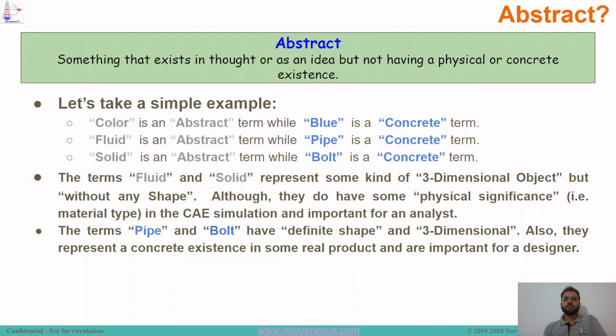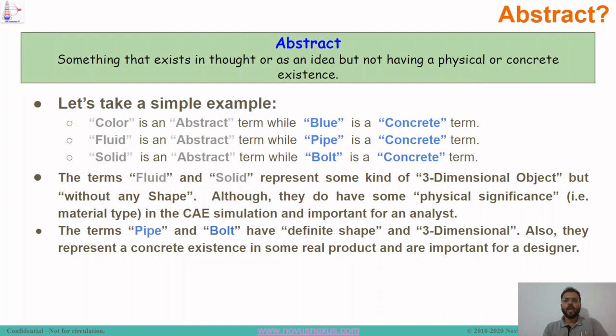Let's now think about CAE simulation. A term like fluid is an abstract term which does not give a concrete visual, while a pipe can be visualized easily. The terms fluid and solid represent some kind of three-dimensional object but without any shape.